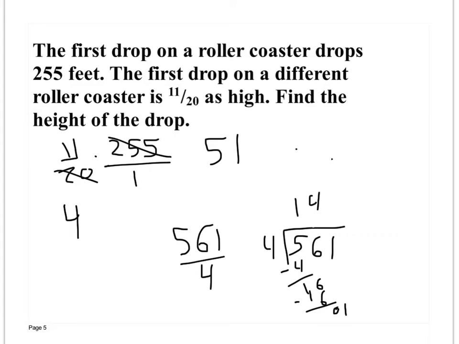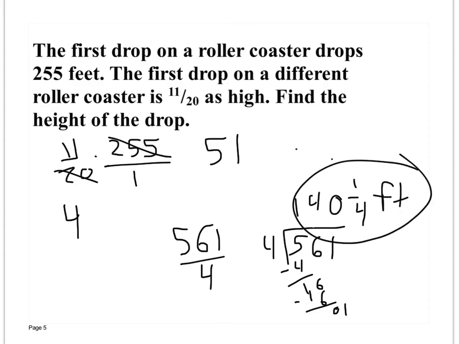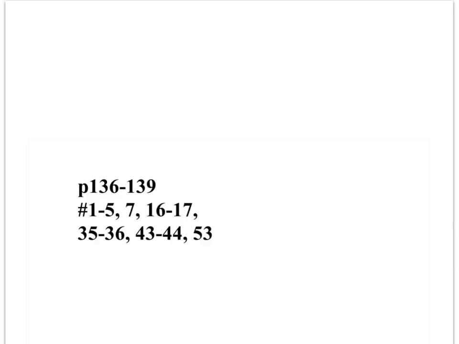So I'm left with 1. How many times does 4 go into 1? 0. So I have 140 and then 1 left over. So there's my answer, 140 and 1/4 feet. Any question on how to do that? Here's your homework.